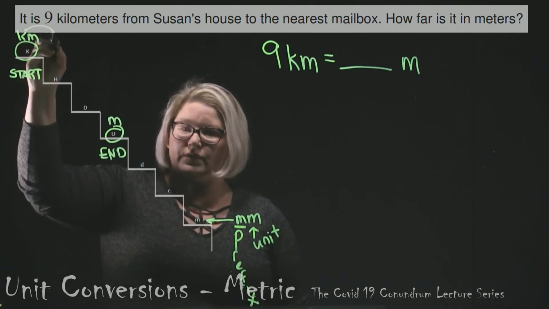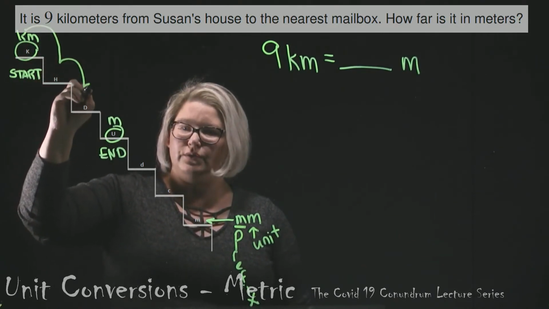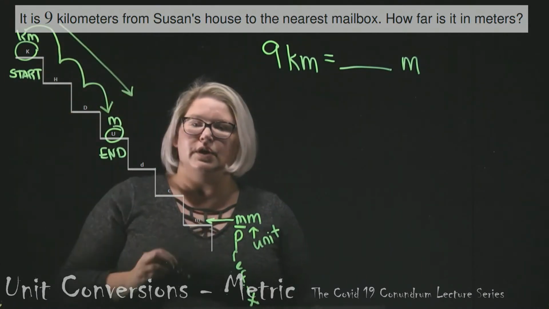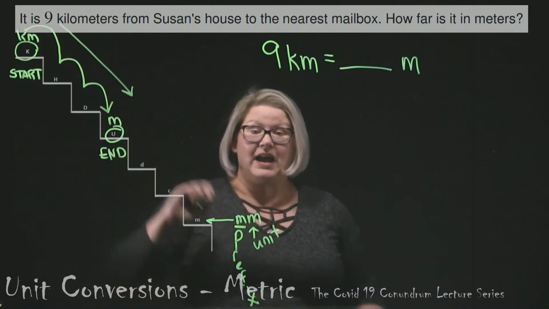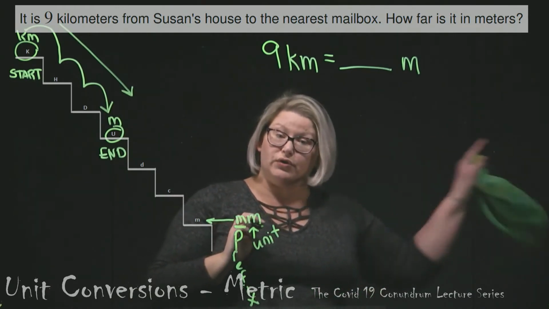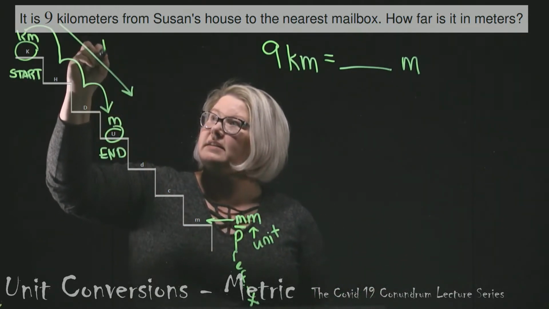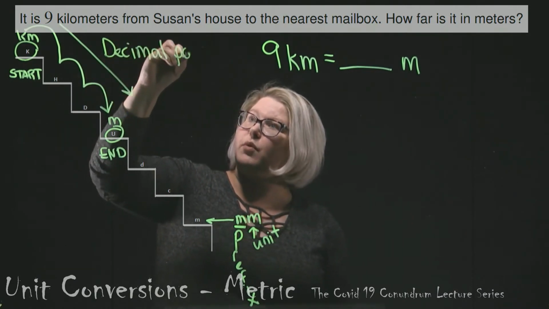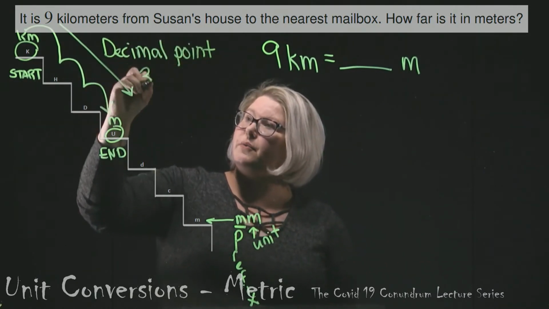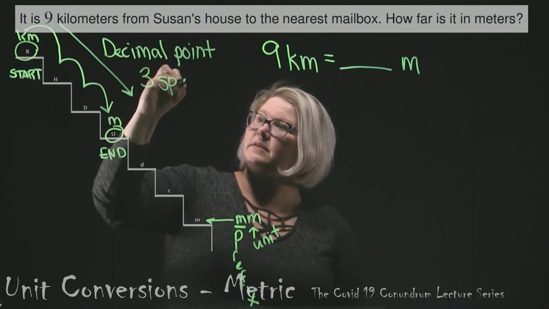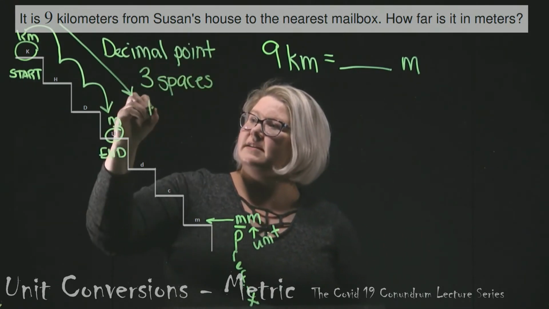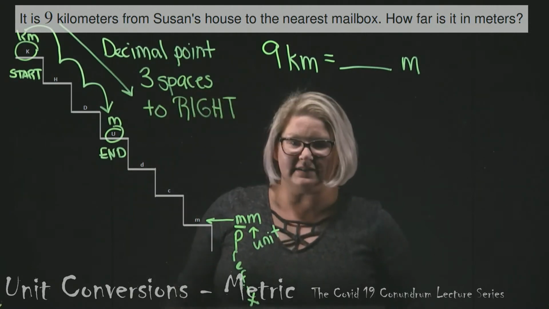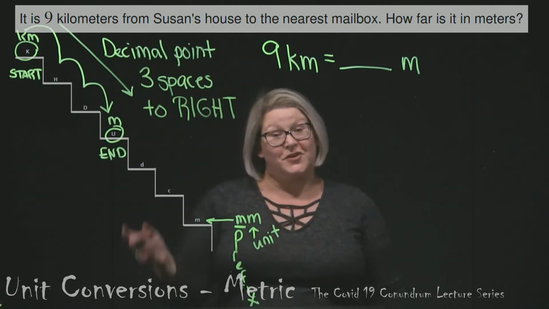So I'm going to go down 1, 2, 3 steps. Notice when I'm going down, I'm also moving over to the right. So that means I'm going to move the decimal point 3 spaces to the right.